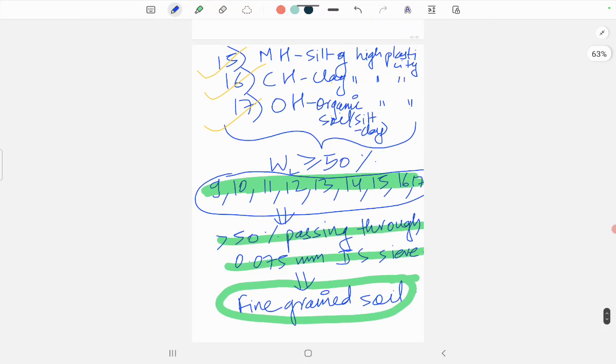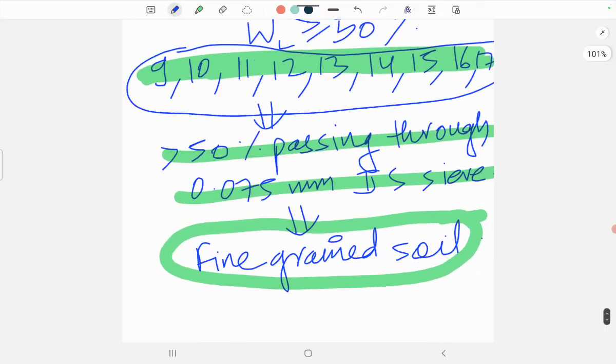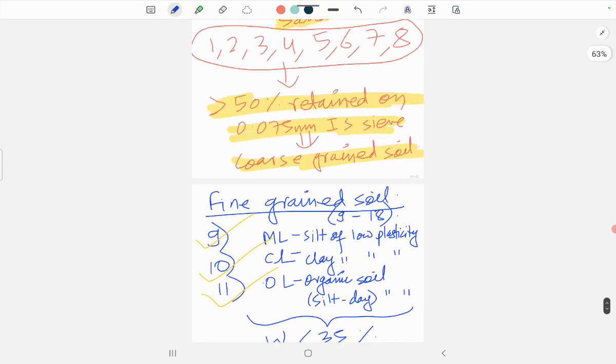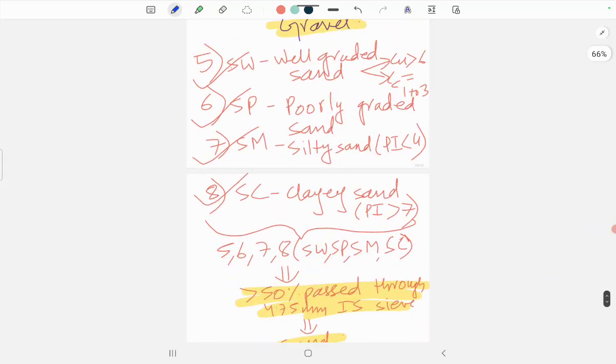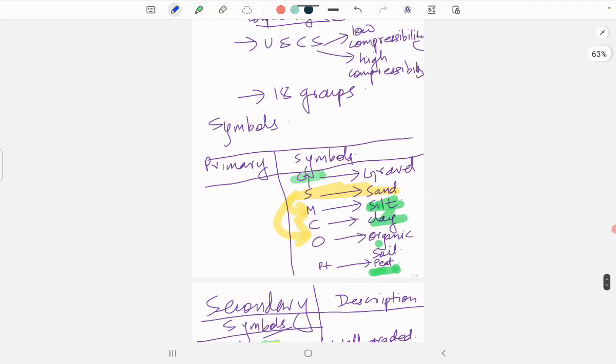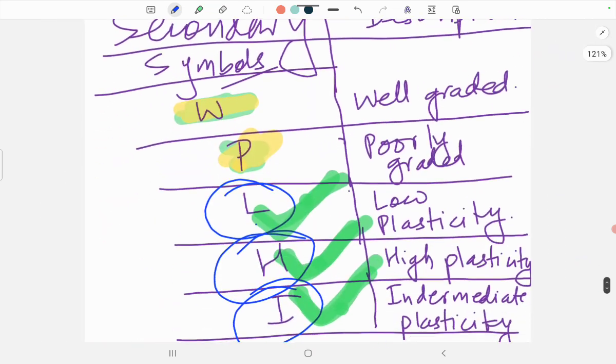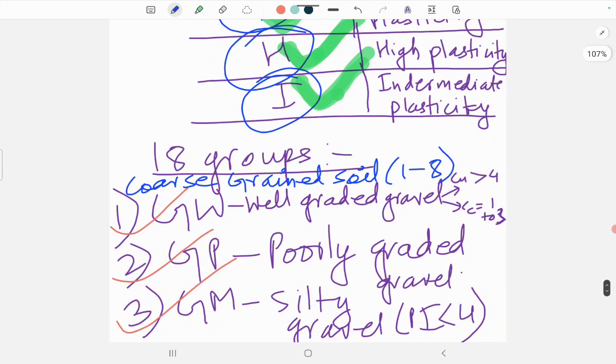So here above we wrote about the 17 groups, and the 18th group is related to peat. In the primary symbol we had written organic soil and there was peat remaining. So peat means nothing but it is written as peat and highly organic soil.